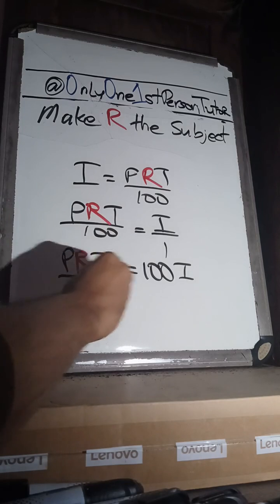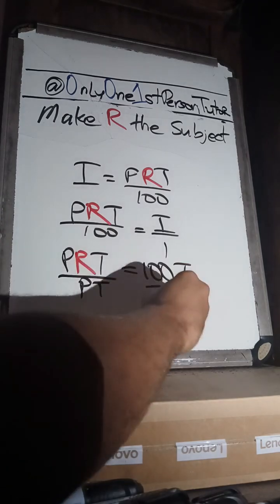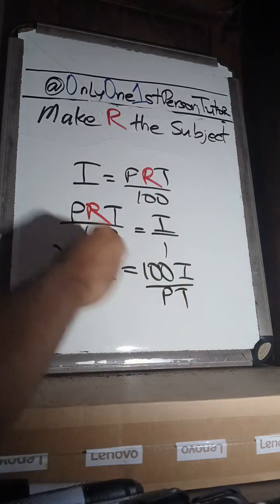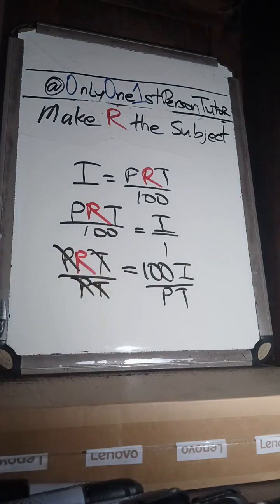Divide this by what's in black. Divide this by what is in black. So you have 100I over PT. Now, how does that work? 100 over PT times PT gives you 100I, 100I over 100, you end up with I.